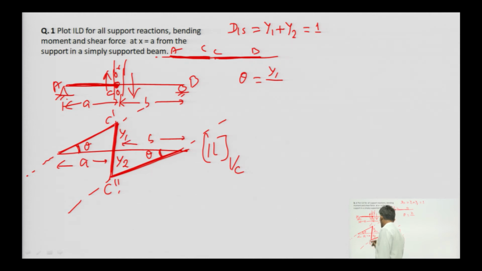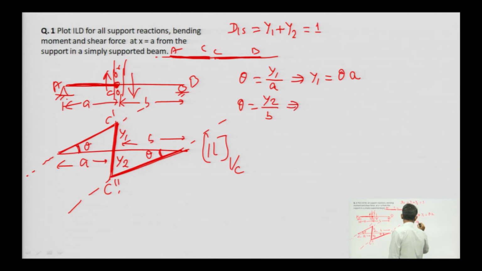Okay. So, this is y1 by a. So, y1 is how much? Y1 is theta into a, right, and theta from the right hand side is y2 divided by b, means y2 is theta into b.